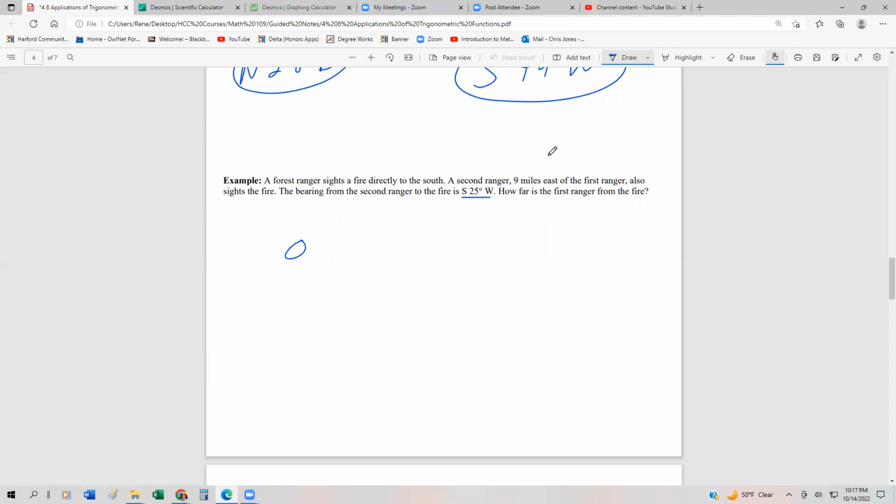So let's call this guy right here Ranger 1, right? And then 9 miles east. Okay, so if we have like a coordinate plane, here's our second ranger right here. Okay, so this is Ranger 2. All right, so this is our west, this is our south, this is our east, and surprisingly, that's our north.